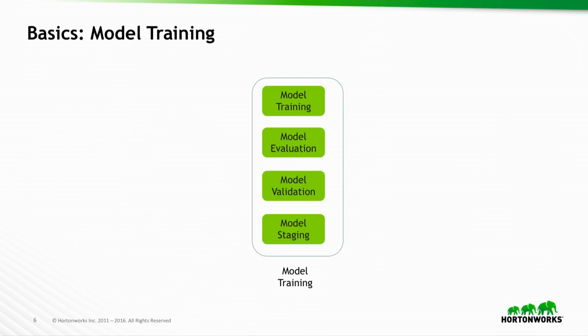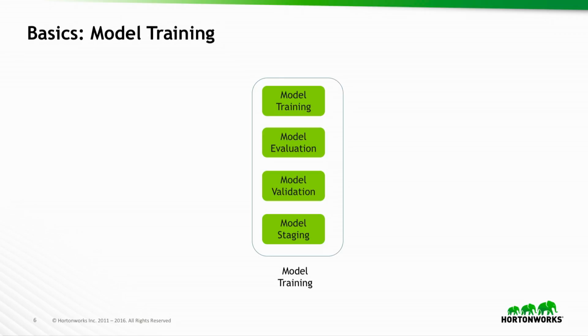About model training, there are a couple of steps. The first one is training, and we also need to do model evaluation. Evaluation means once the training is done, or during the training process, we give the model some samples which the model has never seen before, and ask the model to predict, to see how the model works.